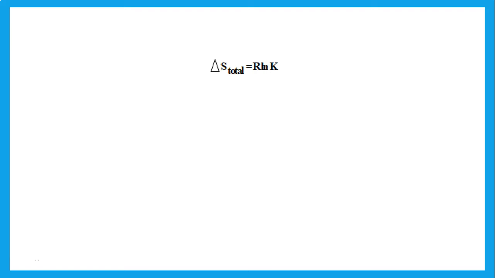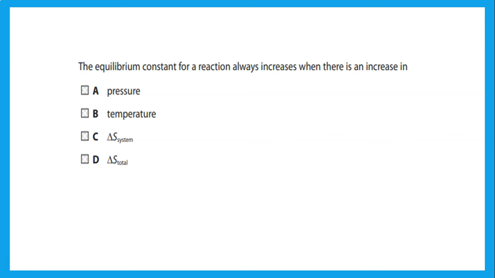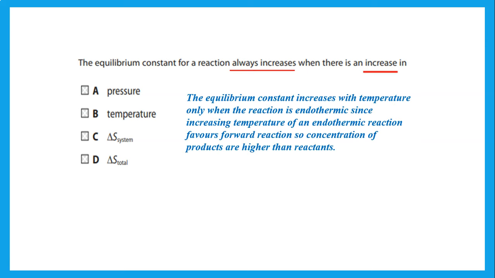Remember, when we were talking about entropy, we said the total entropy is equal to R ln K. So the equilibrium constant always increases with increase in the total entropy of a reaction. The equilibrium constant for a reaction always increases when there is an increase in what?